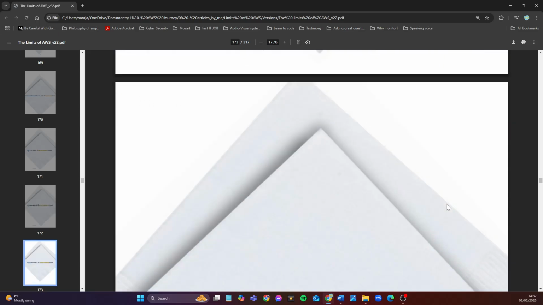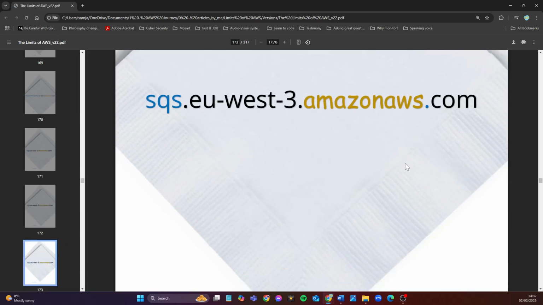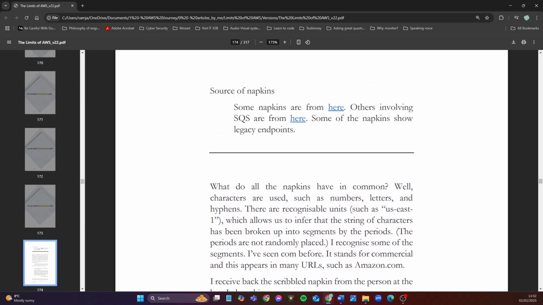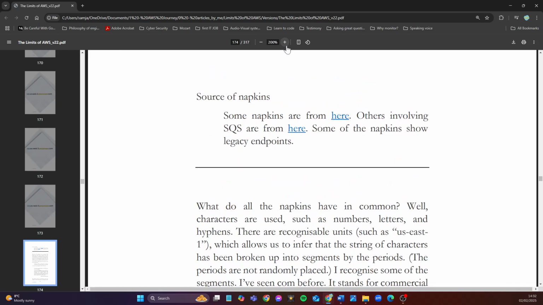What is EU West 3? So some napkins are from this source, others involving SQS are from here. And you can see there's a link to the general user guide of Amazon. So it's not a user guide for a specific product like SQS. It's called the general user guide.